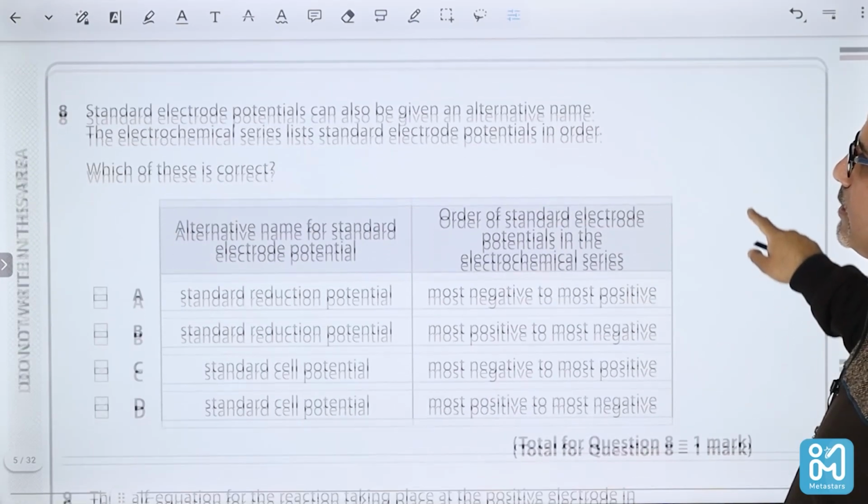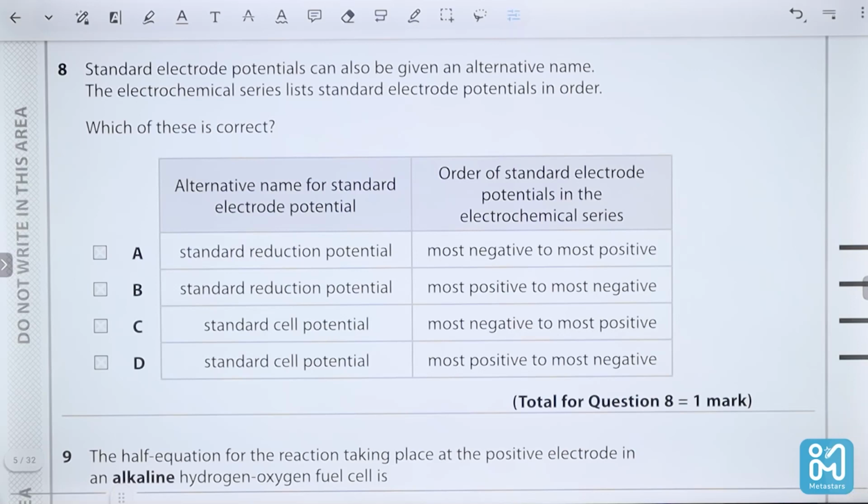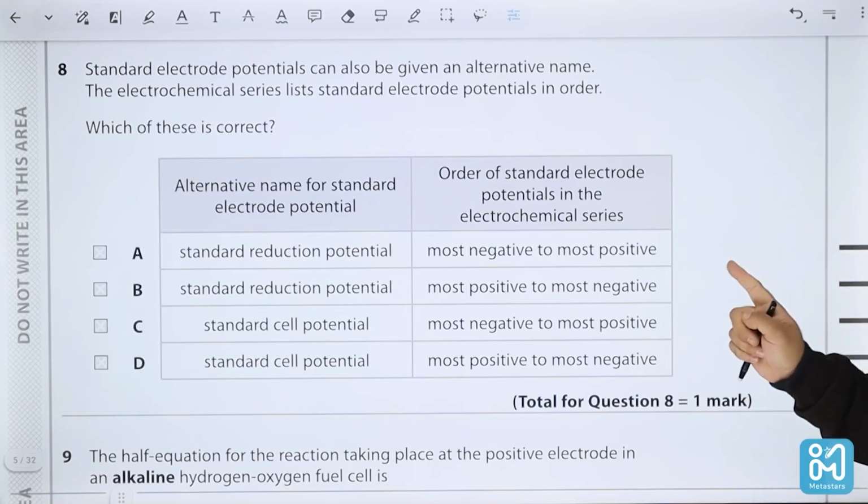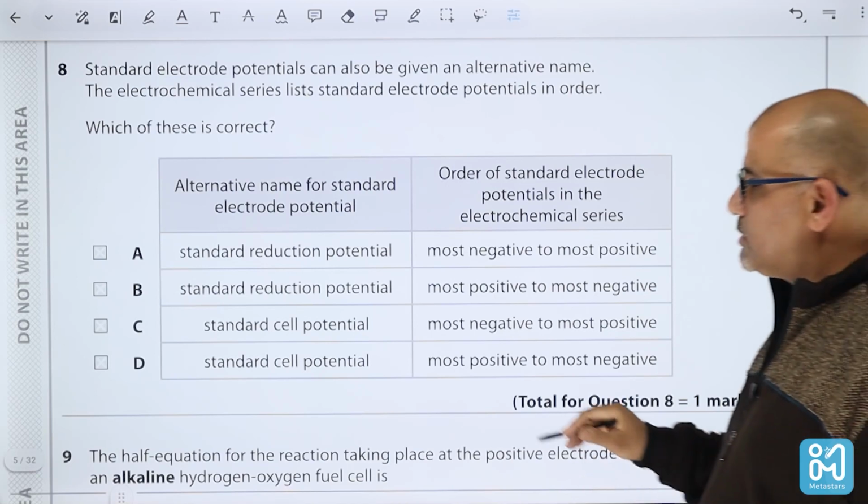Now, for question 8, standard electrode potential can also be given an alternative name. The electrochemical series lists standard electrode potentials in order. Which of these is correct? The alternative name for the standard electrode potential is standard reduction potential.